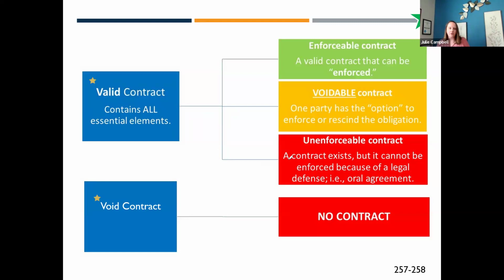Compare that to a void contract that doesn't have all the essential elements. Maybe even if one essential element is missing, we don't have a valid contract. And with a void contract, it's not going to stand up in a court of law because, in a sense, you're missing one of those essential elements. You never had a contract to begin with. If this void contract or the voidable or the unenforceable contracts are never taken to the judge, they could still go on to completion.